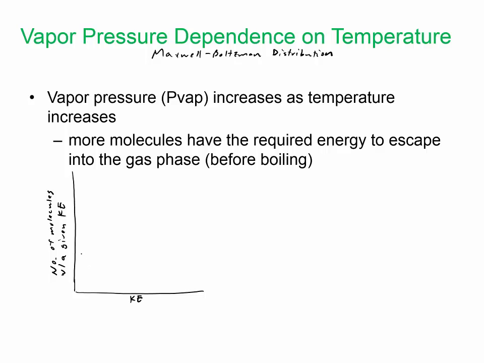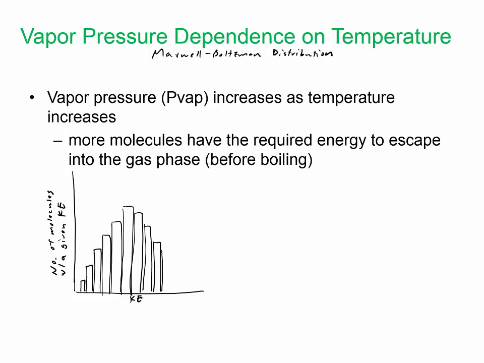And so we'll have a curve. When something is kind of cold, we'll have a curve that looks like this. So this is a bar graph, and each bar is representing a population of molecules.